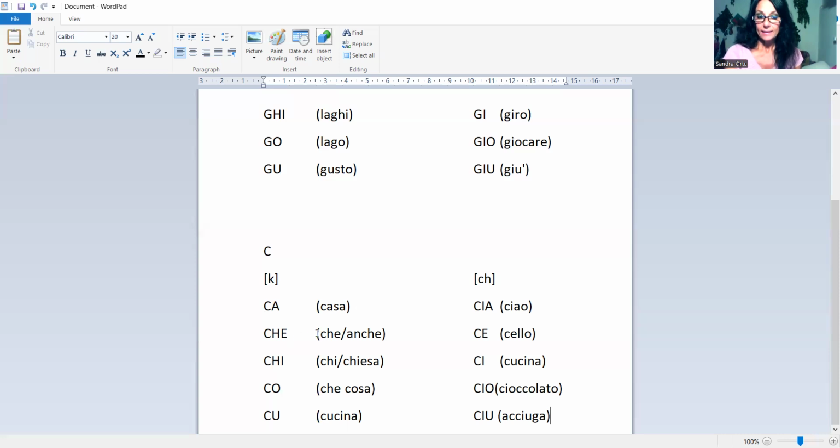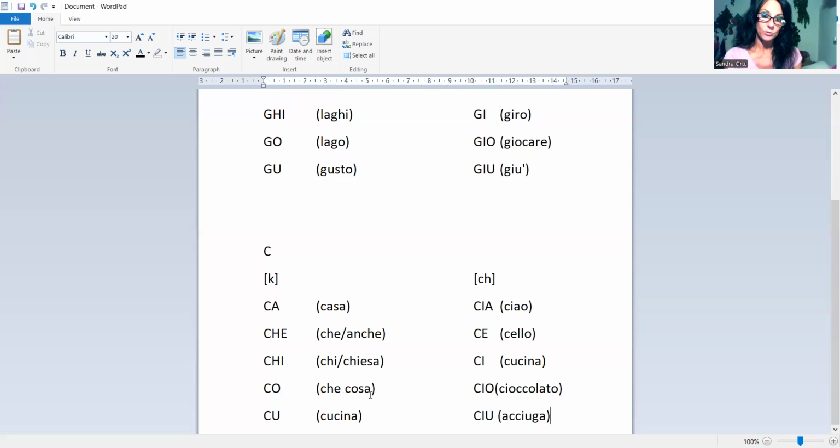Che in itself is a word, it means what. Also the word anche, also. Chi also is a word in itself, it means who. Otherwise, chiesa, which is a church. Co, there are many words with co, but I've chosen a word that we have seen already in these lessons, and I'm sure is one of the first words that you learn.